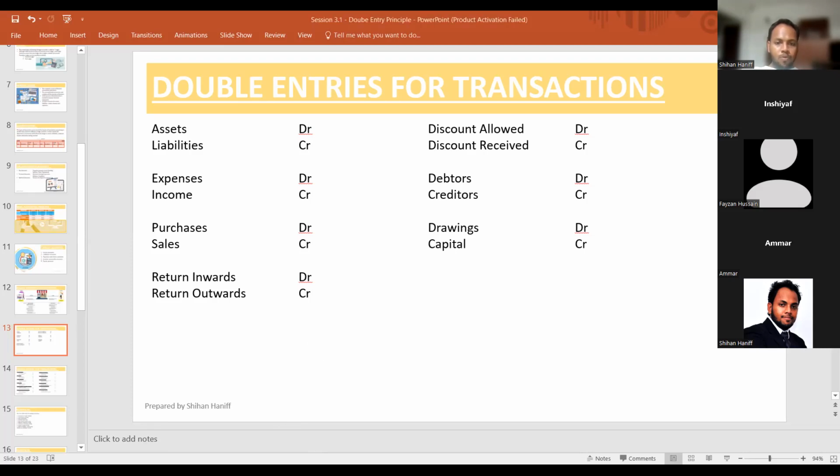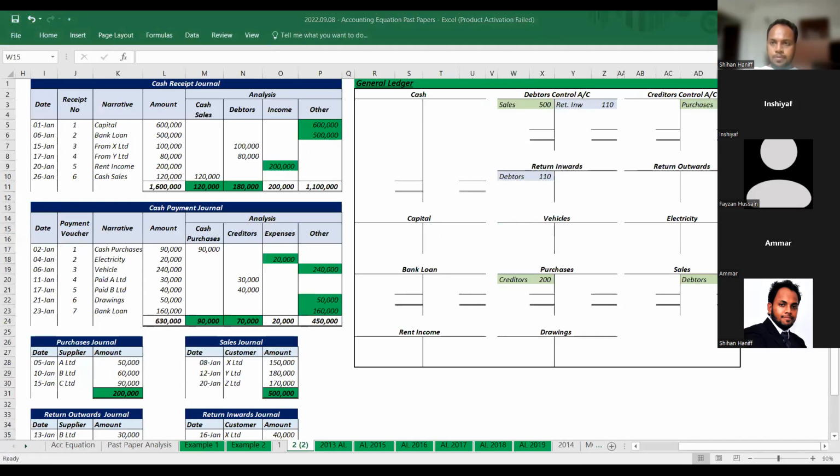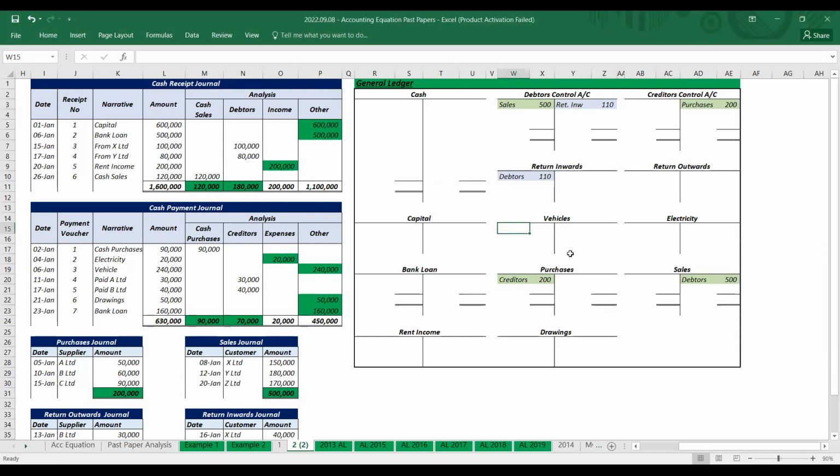Okay, so let's move on to our question. So we did purchases, sales, return inwards, and return outwards.